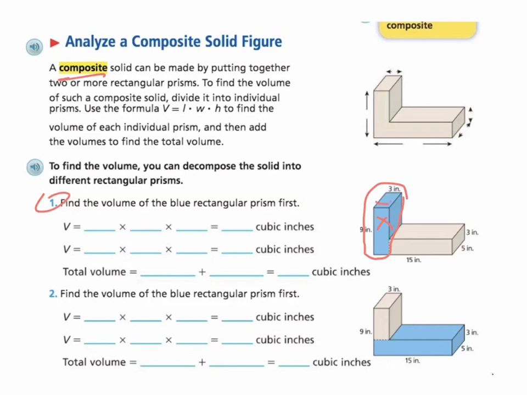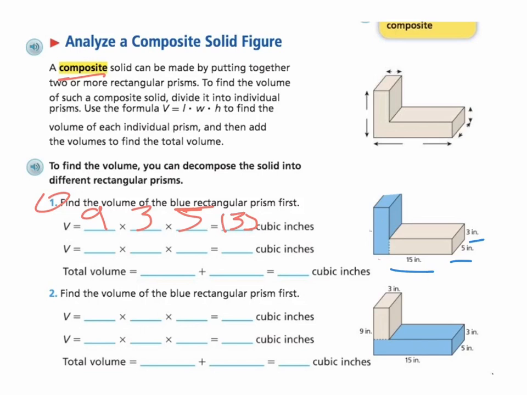You just have to look at congruent or opposite sides. You see over here that's 5 inches. So this is going to be 5, this is going to be 5, and therefore this is going to be 5. So you know that the dimensions are going to be a 9 by 3 by 5 inch prism, and that would give you 27 times 5, or 135.